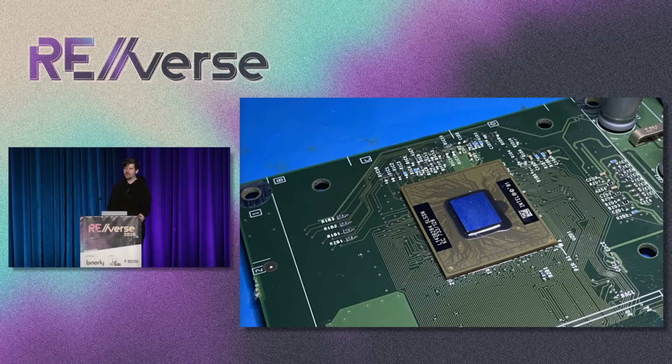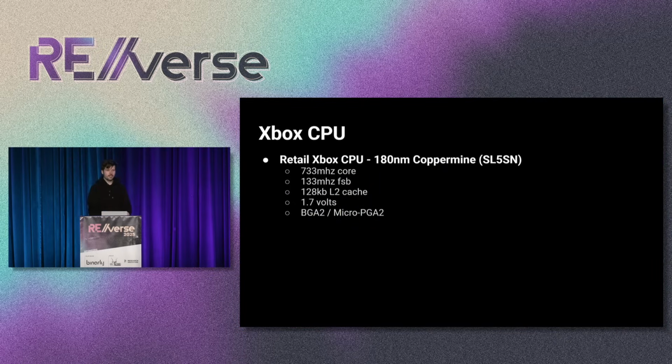And so this is what the CPU looks like on the original Xbox. This is an Intel Pentium 3, essentially. It was running at 733 megahertz. Yeah, it was actually a mobile CPU meant for laptops or the more mobile form factor.